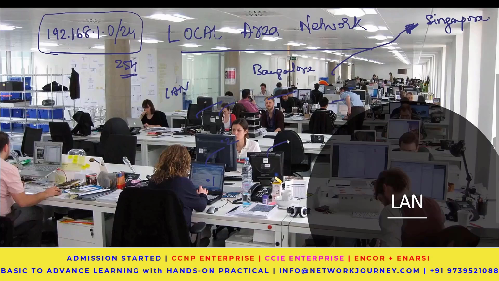We call it the internet. Then these people can talk to the other geographical location. So they also will have a LAN setup, and the Bangalore people also have a LAN setup. And intermediately, we will have the keyword called WAN. WAN stands for wide area network, which connects two or more local area networks.